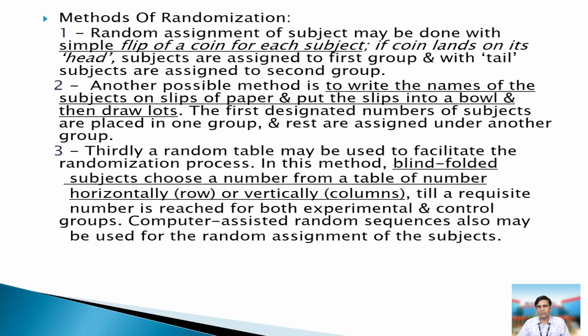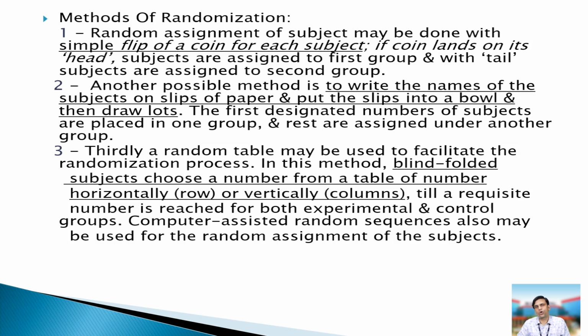A researcher flips a coin for each subject, and if, suppose, heads comes, the subject will be allocated to the experimental group, and if tails comes, the subject will be allocated to the other group. So it depends upon the flip of the coin which subject will be allocated to which group, whether to the experimental group or to the control group.